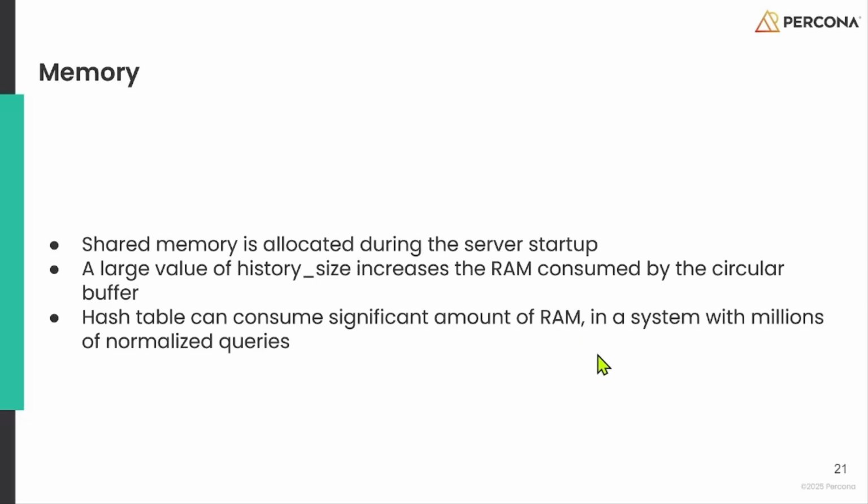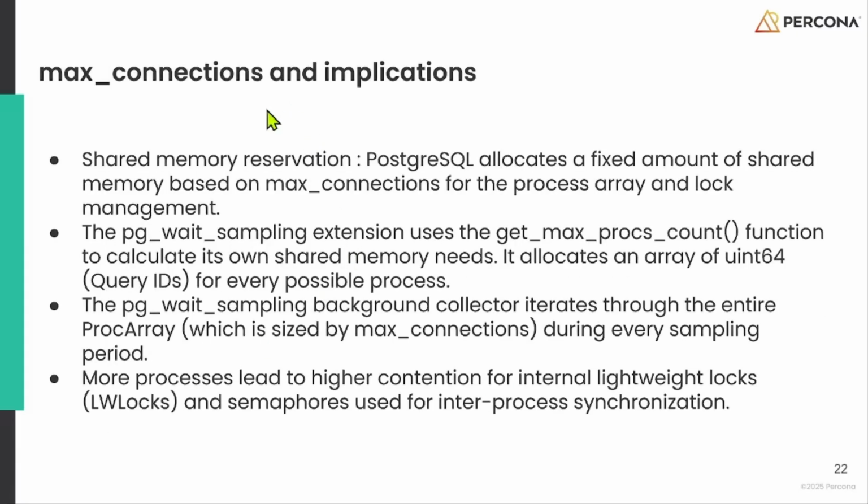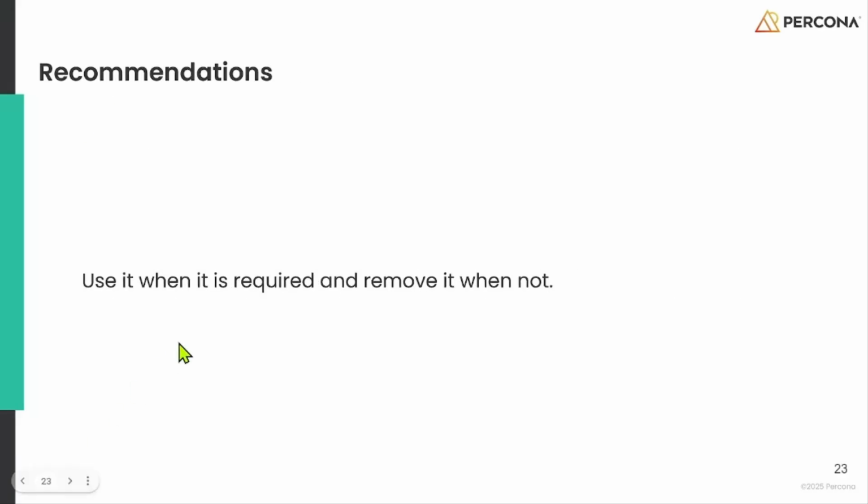So all this depends on the type of workload the database is going to receive. Be careful about keeping big values for max connections, because it decides the memory as well as CPU overhead. Our recommendation is to use it when it is really required and remove it when it is not in use.